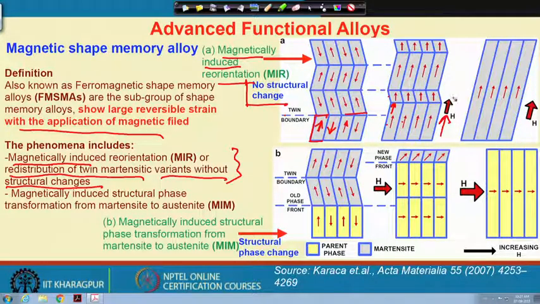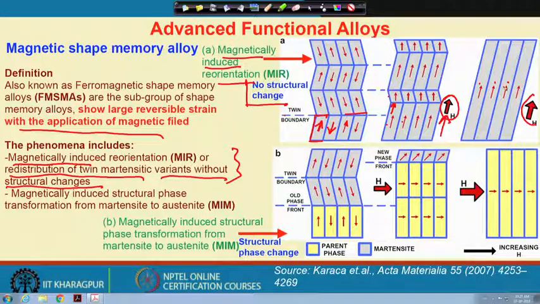Ultimately, by increasing the magnetic field to a much larger value, we have aligned all the twins in a particular direction, or grown all the twins of one type, and the magnetic domains are also oriented in the same direction. This is typical ferromagnetic behavior.